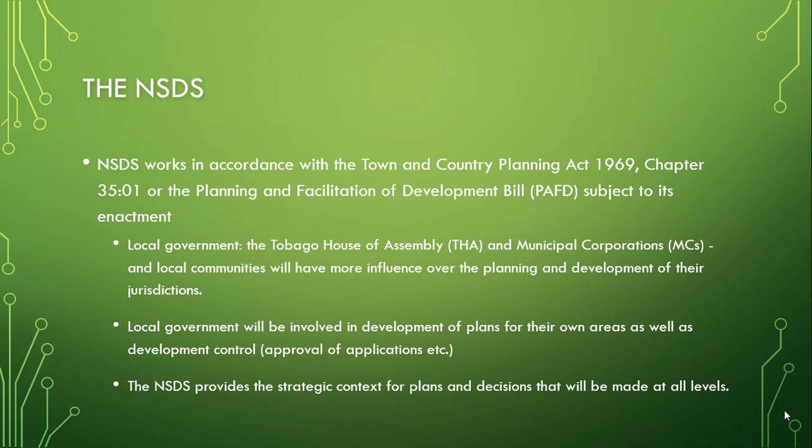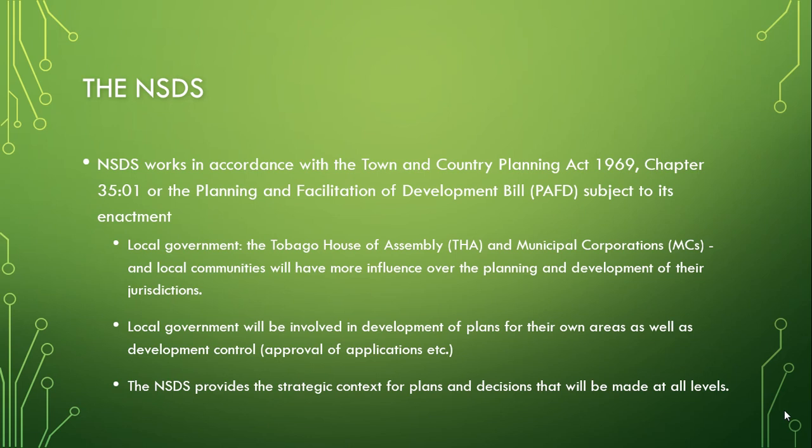Now, local government will be involved in the development of plans for their own areas as well as development control. So what that means is we have the NSDS, which is a national development policy, which would have been developed at the highest governmental levels, for example.